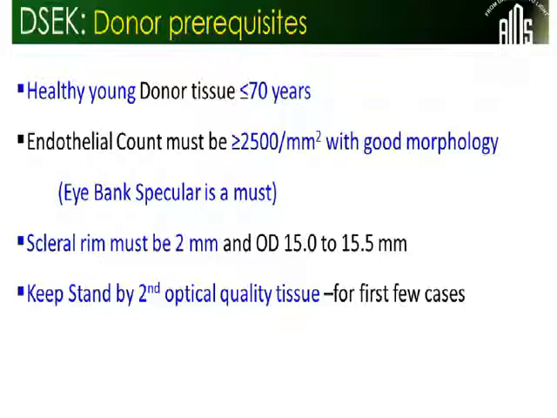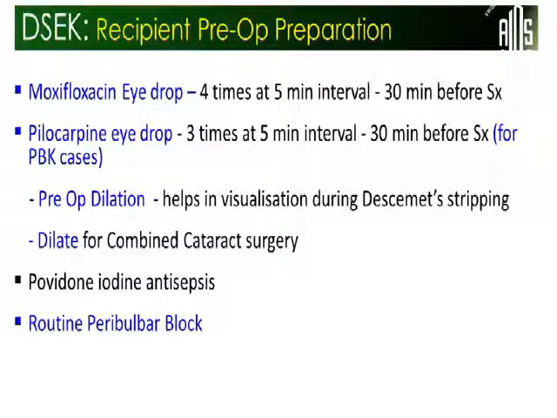It is always better to keep a second standby optical quality tissue in your hand for the first few cases. So you will always have confidence that if something goes wrong, you have a second optical tissue in your hand. For recipient preparation, prepare your patient before surgery like our cataract surgery.